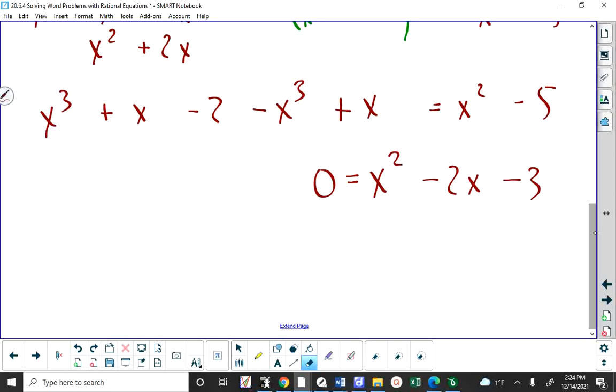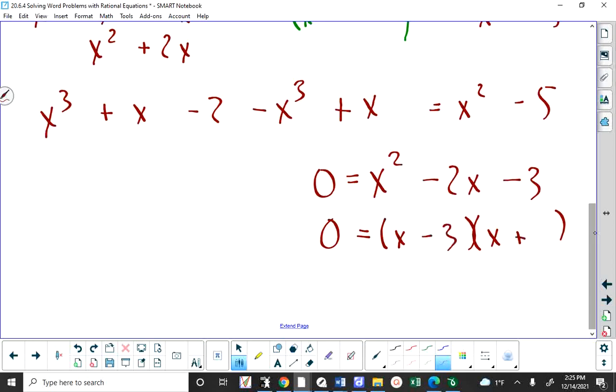So I can factor it into x and x with two numbers that multiply to give negative 3 and add to give negative 2. That would be negative 3 and positive 1, which means x is equal to 3 or x is equal to negative 1.